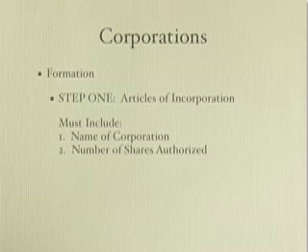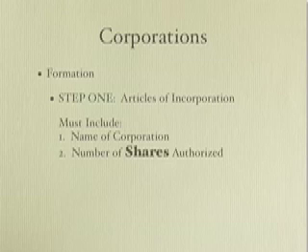Second, you have to include in your Articles of Incorporation the number of shares that are authorized. What you're basically telling the state when you file your Articles of Incorporation is that here's how many pieces this company is going to be broken into, how many pieces of ownership. All right, we're going to talk about shares and what this term means, just for a second, because it's the first time we've mentioned it, and I want you to know the difference, because you hear about this all the time.